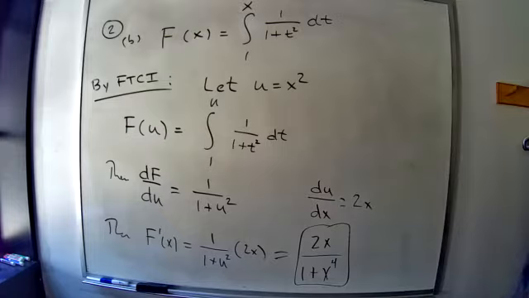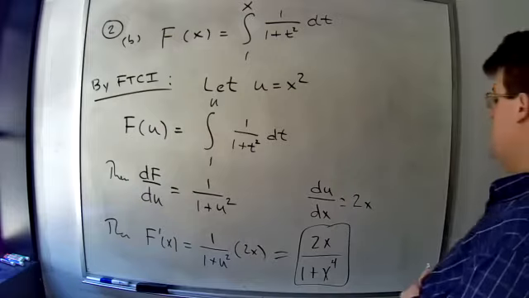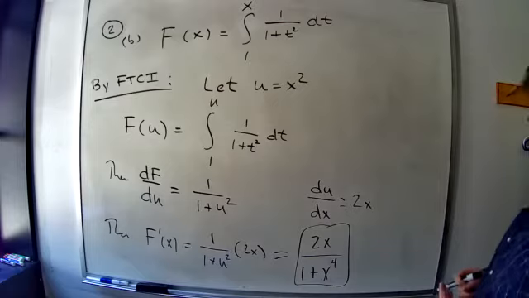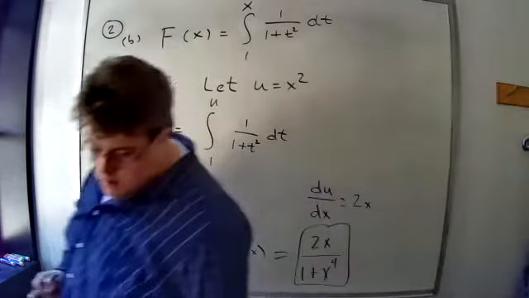So any questions about doing it this way, using a u substitution and applying the first part directly? So notice, and we'll notice this for part C and D. What does part C say?